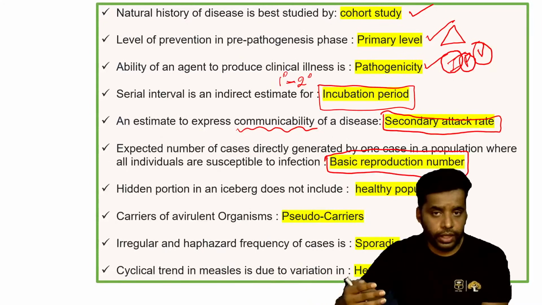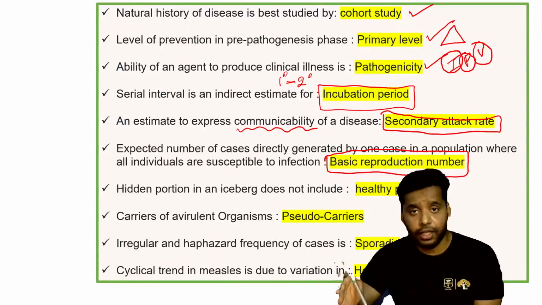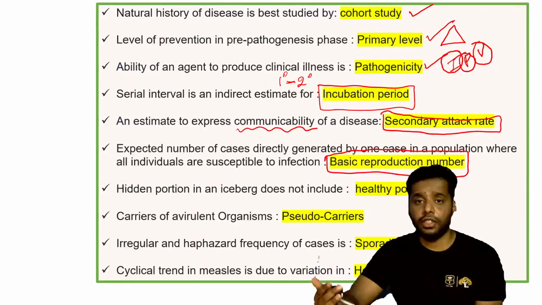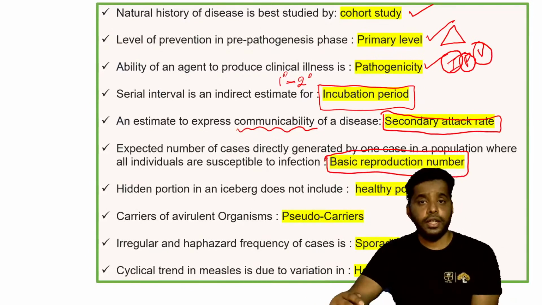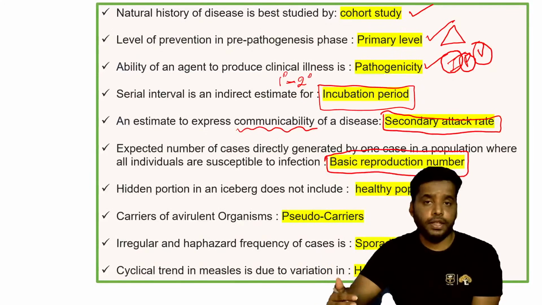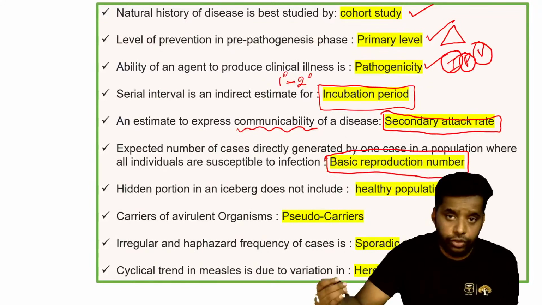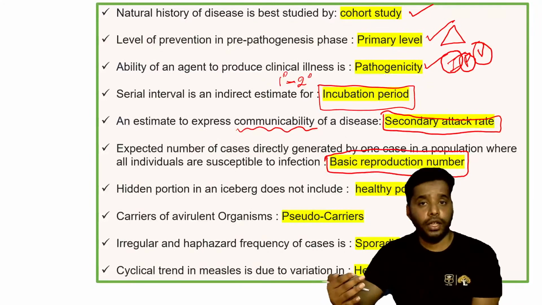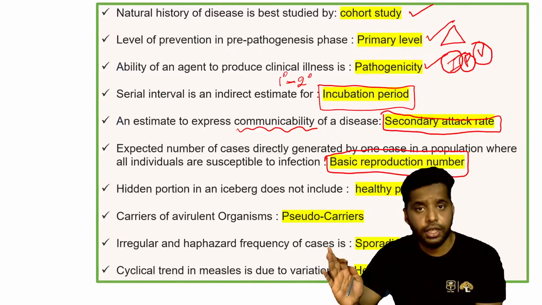One case can produce 2 cases or 3 cases, depending on the disease. If one case is producing 10 cases on average, the basic reproduction number will be 10. If one case is producing 2 cases, it will be 2, like that. That indicates the rate of spread, the rate of transmission in the community for a new disease where everyone is susceptible.